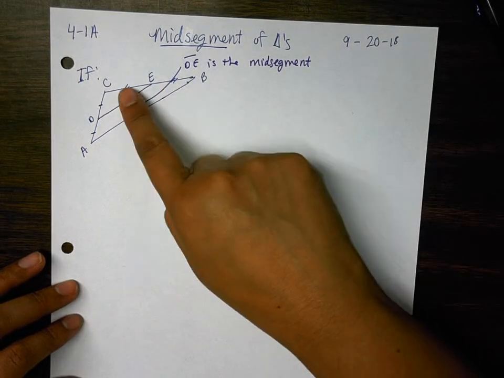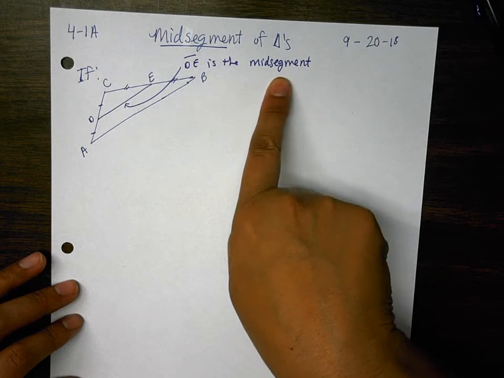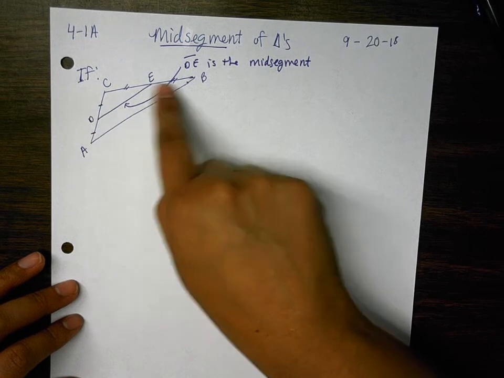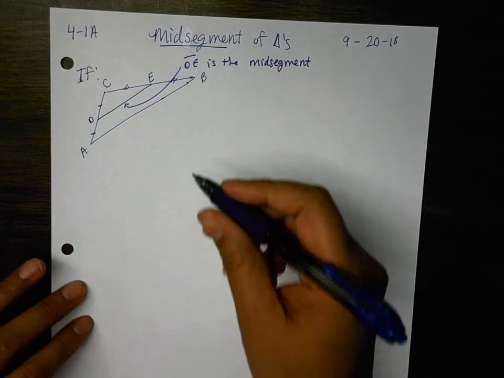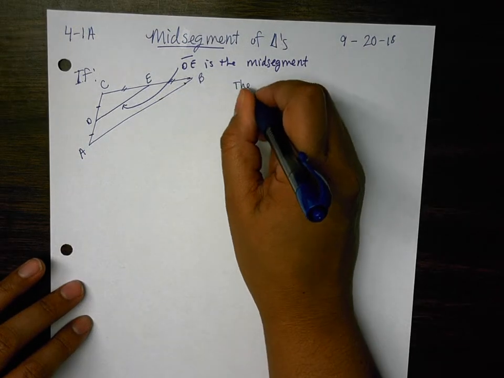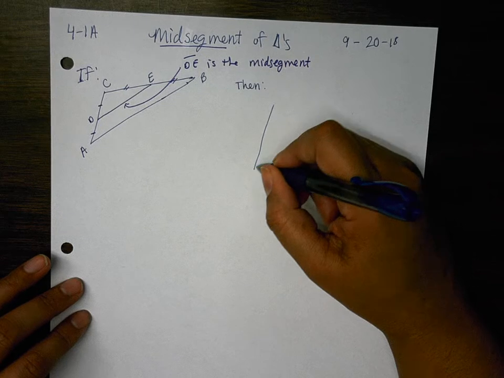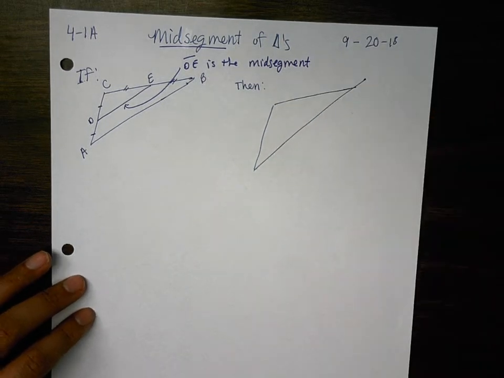They will give you markings, congruent markings like this. So they'll either give you congruent markings, or they'll tell you it's the mid-segment, or they'll tell you that these points cut the sides in half. If they do any of those things, then I'm going to redraw the triangle the best I can.